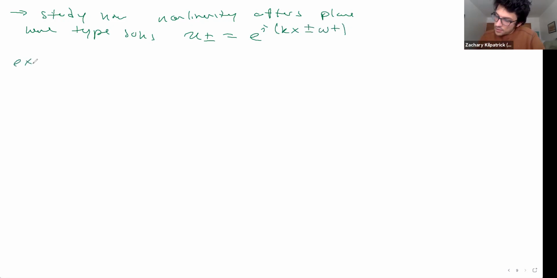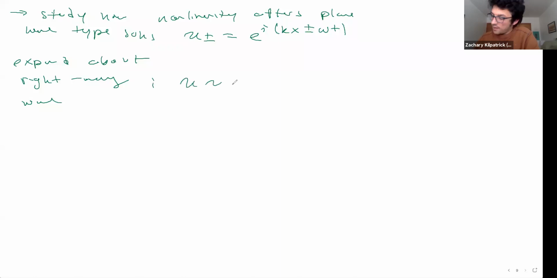So let's just expand about the right moving wave, and make an ansatz that we have u of some form u0 of kx minus omega t, so we set the initial conditions so that we get a solution like this, plus epsilon u1(x,t).